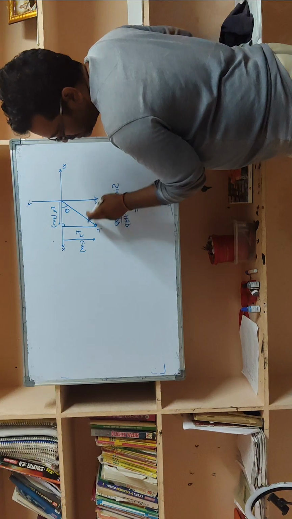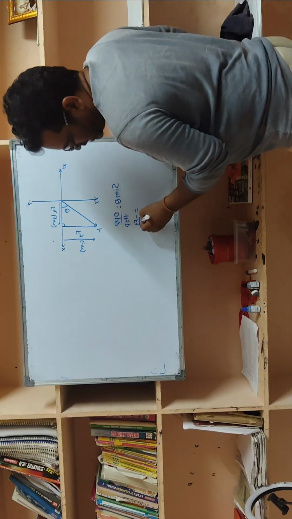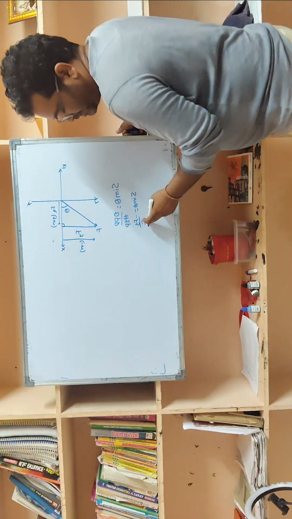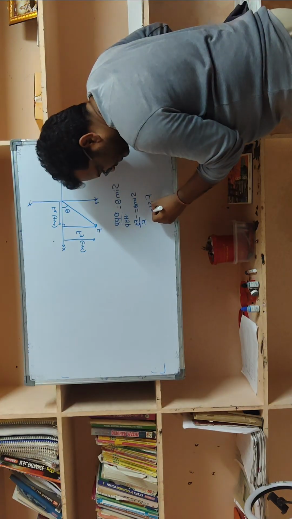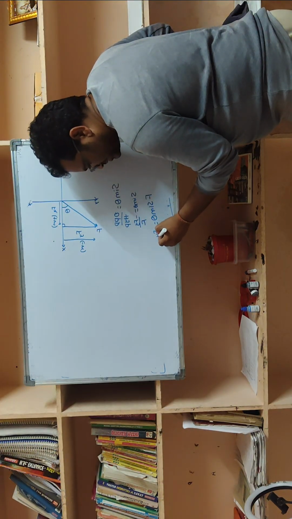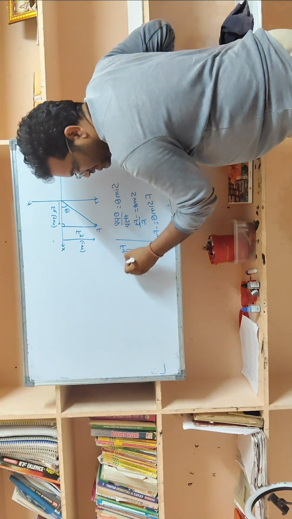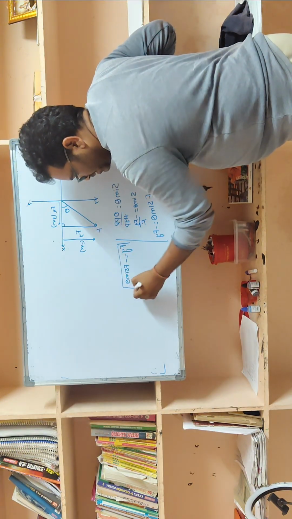The opposite force is minus Fy and the hypotenuse is F. Taking F to the left hand side, F sin theta is equal to minus Fy. So Fy is equal to minus F sin theta.